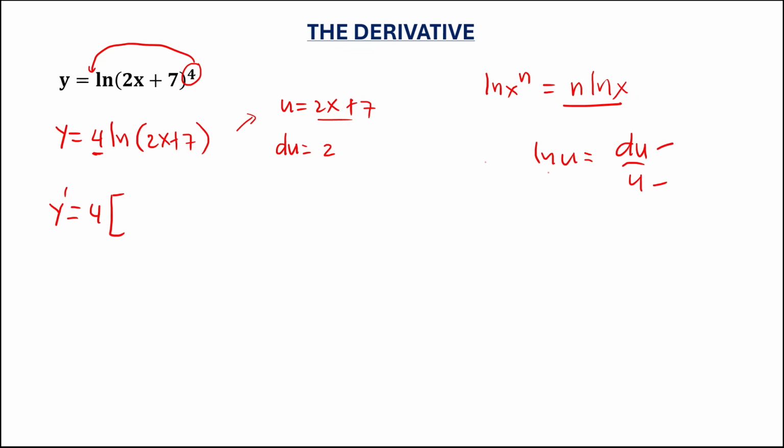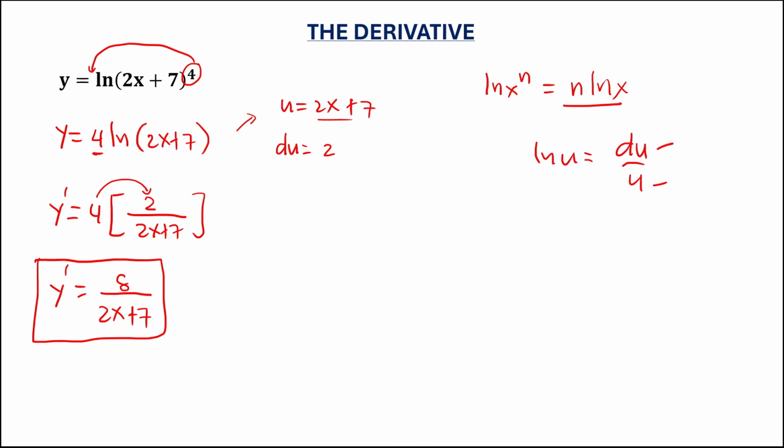So du over u is 2 over 2x plus 7. Then to simplify, multiply 4 times 2, which is 8, over 2x plus 7. So this is now the derivative.